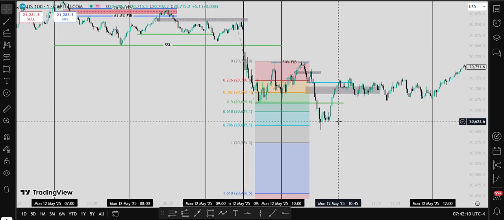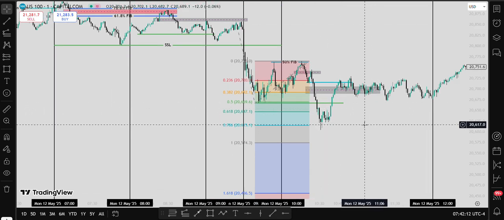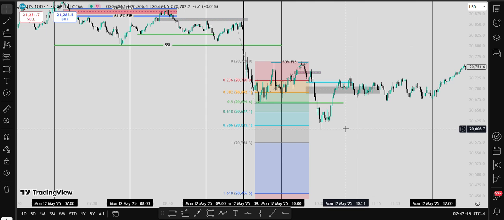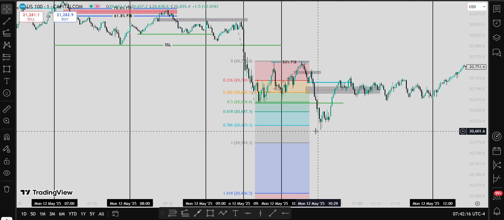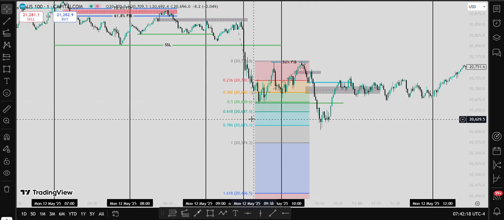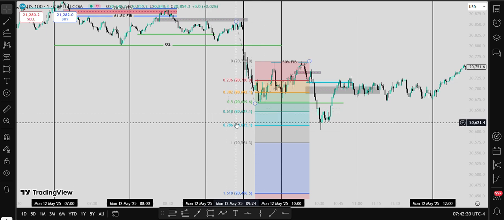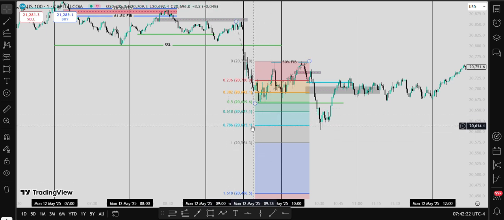And you can see that the market actually gave us not something big as expected, but at 0.7786, the weak slide right there.